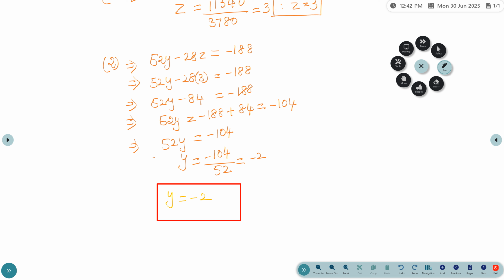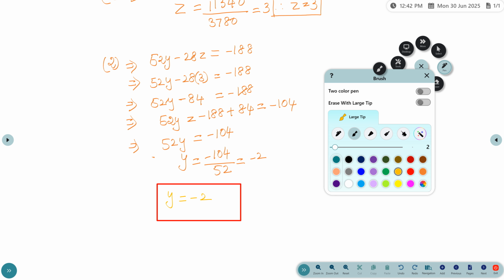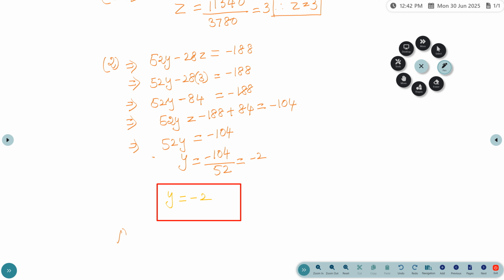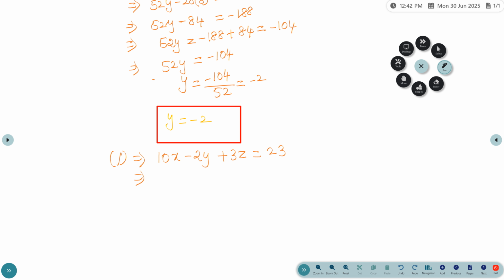Now come to the first equation. First we solved the third equation, then the second equation. Your first equation is 10x minus 2y plus 3z is equal to 23. Already we found the values of y and z from the previous equations.